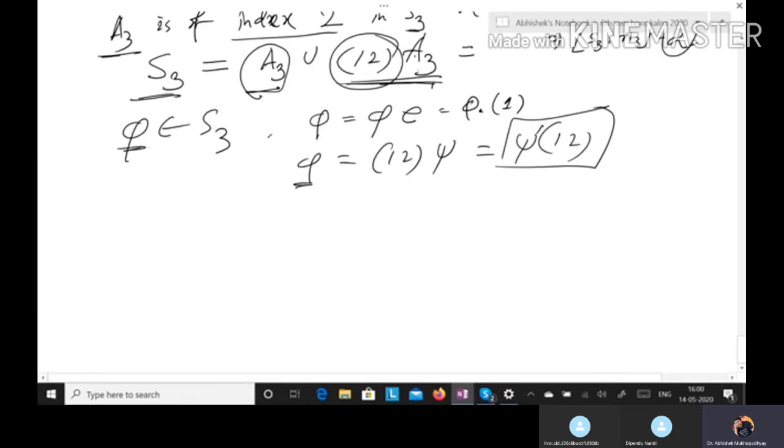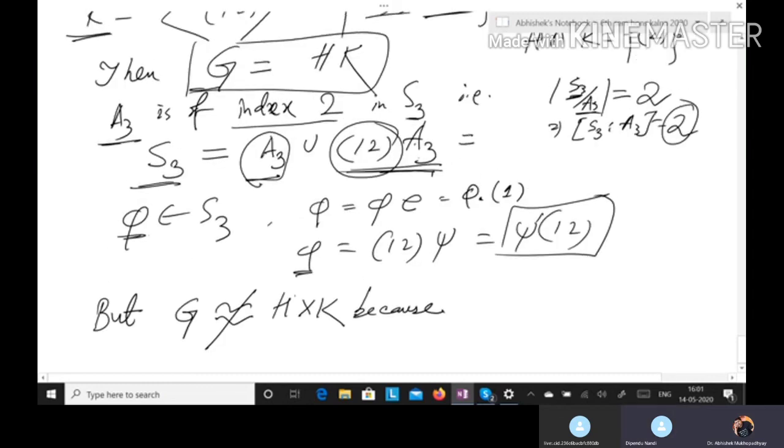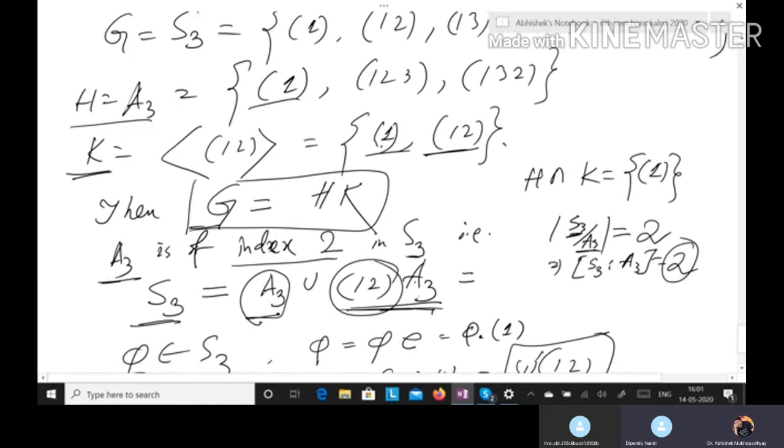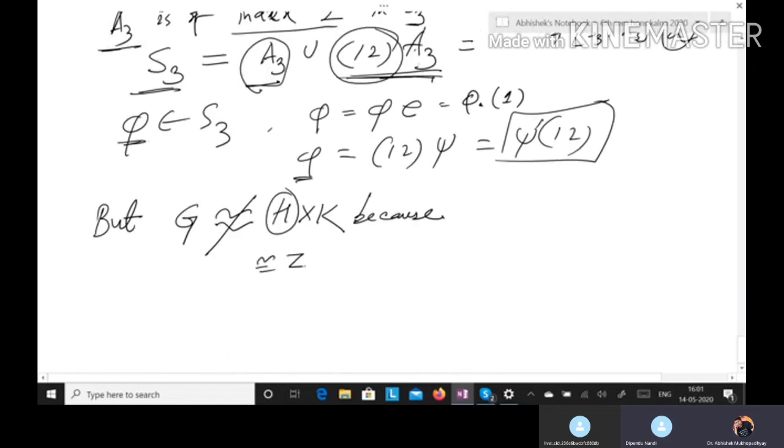But G will not be isomorphic to H cross K. Why is it true? Now H is A3, a cyclic group of 3 elements, so H will be isomorphic to Z3.